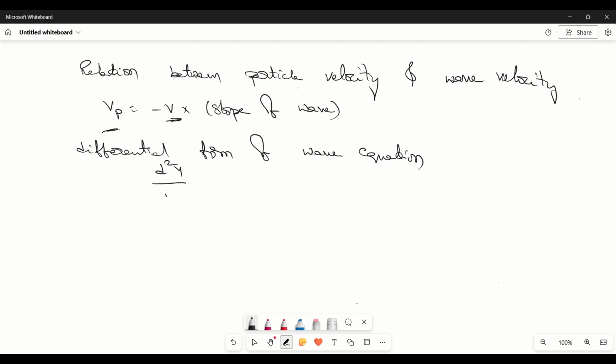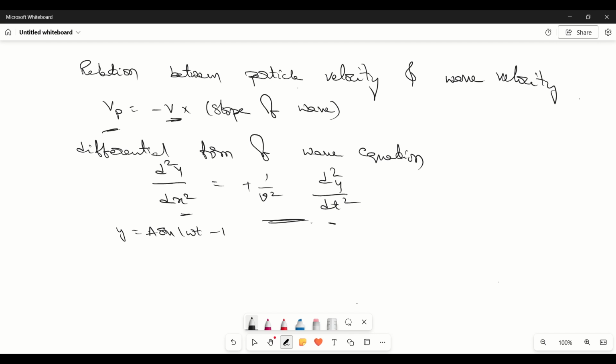So here we consider different wave equations, which are represented as y equal to a sin omega t minus kx, or y equal to a e to the power of (ax plus bt) whole square, or y equal to a by b plus (x minus vt) whole square.